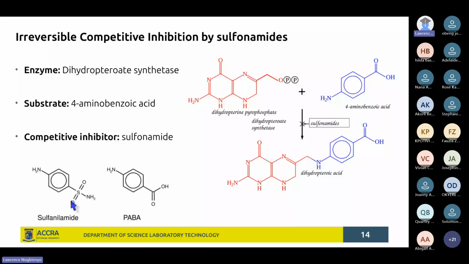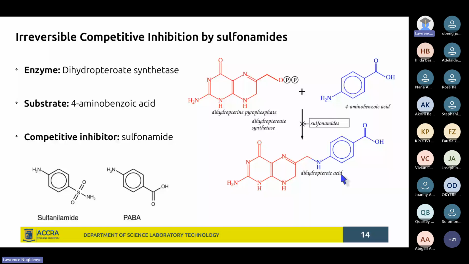So to say, you have the enzyme being blocked by sulfanilamide, so that you can no longer have the para-aminobenzoic acid and dihydropteroate synthetase pyrophosphate reaction being catalyzed to produce dihydropteroic acid, that first reaction that we saw.